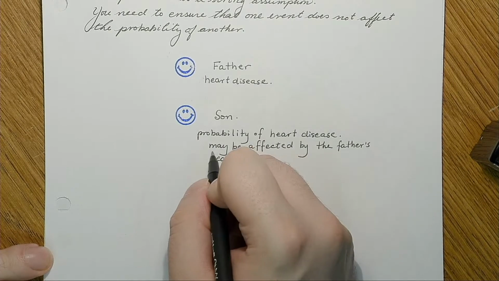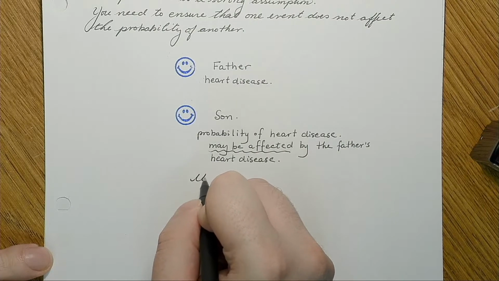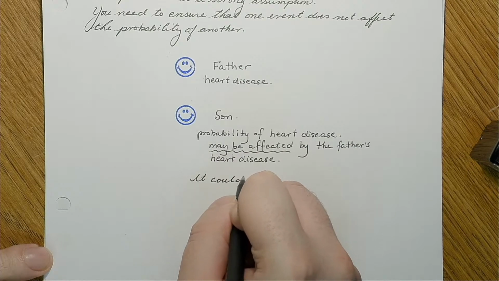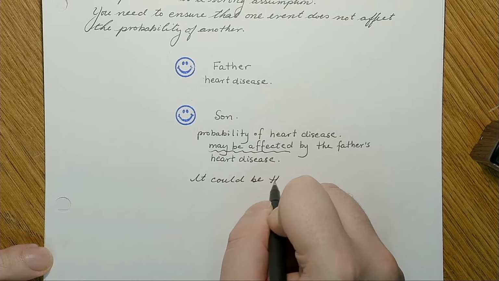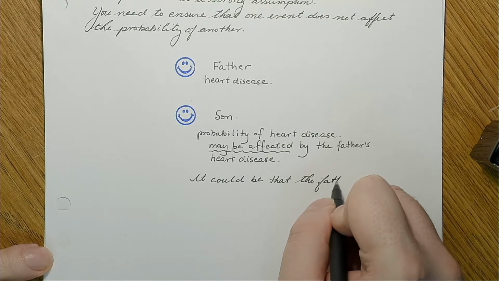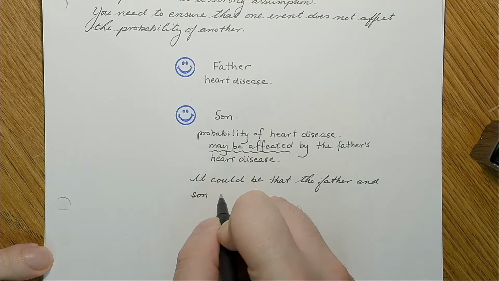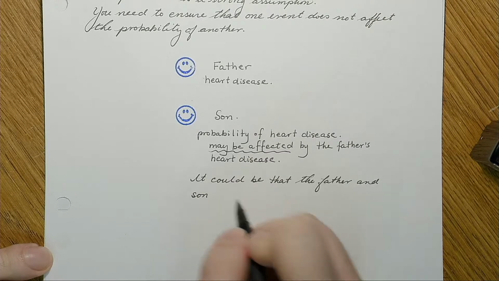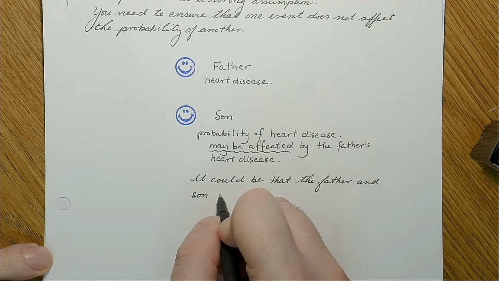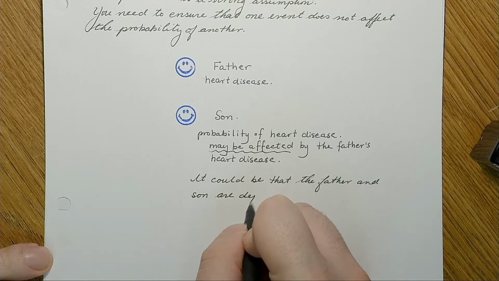And because it may be affected, it could be that the father and son are dependent events.